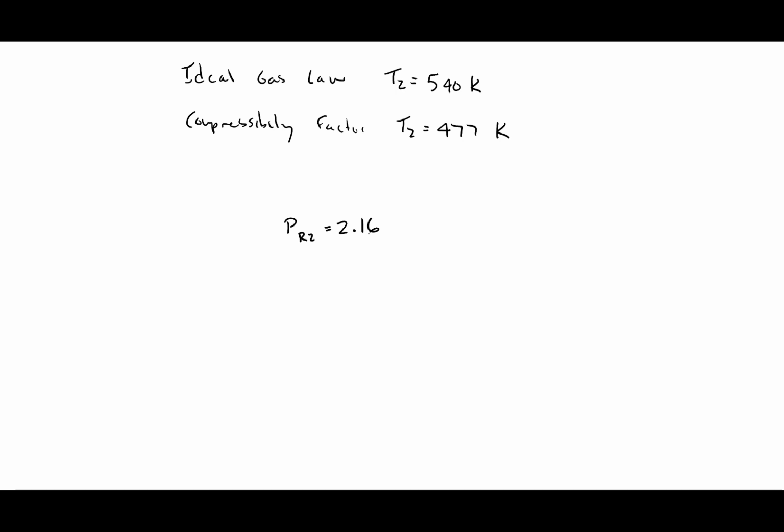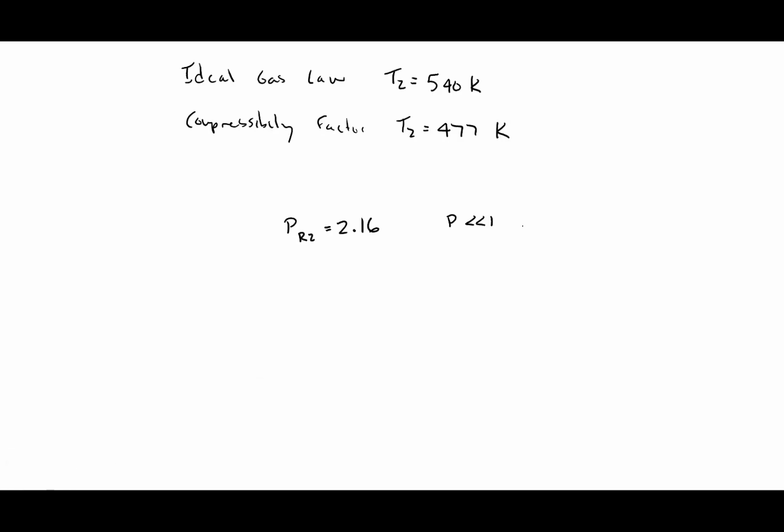So remember, at low pressures, so the reduced pressure is much less than 1, gases behave as an ideal gas. So first of all, we have a pretty high pressure, and let's look at our temperature. So we know what the temperature is now. When we first started the problem, we didn't know what our temperature was, but now we know that the temperature is 477.